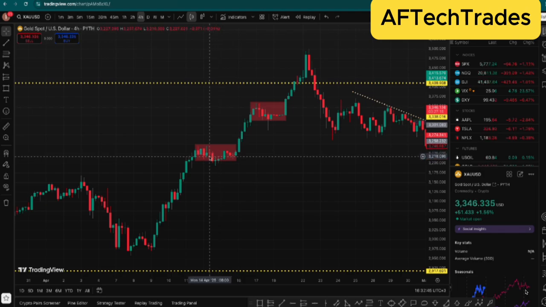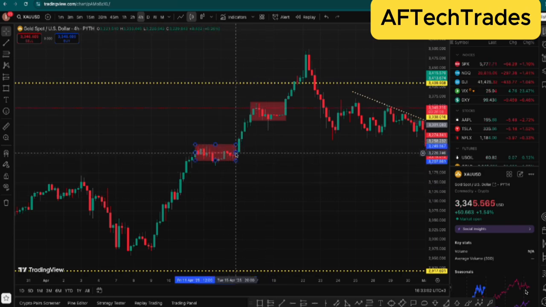So now we have 2 ways to trade this strategy. One is that after we notice that there is a rally and we see the market consolidating, we wait and mark out the zone of consolidation.